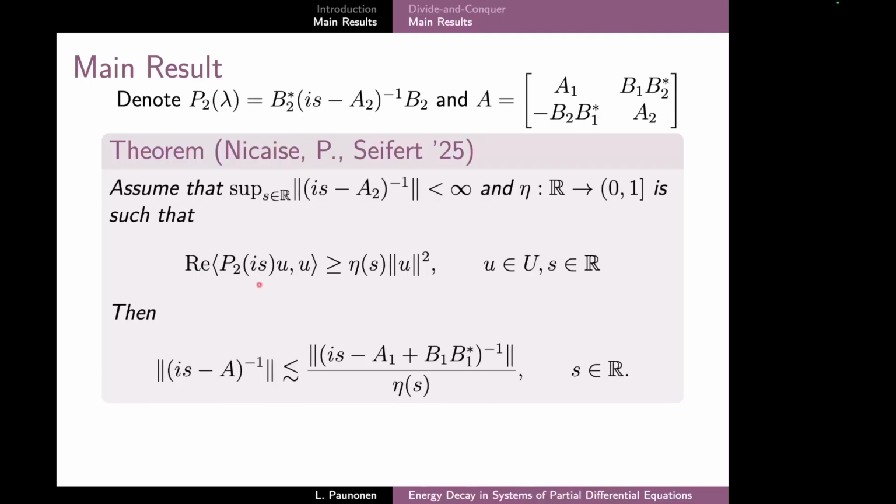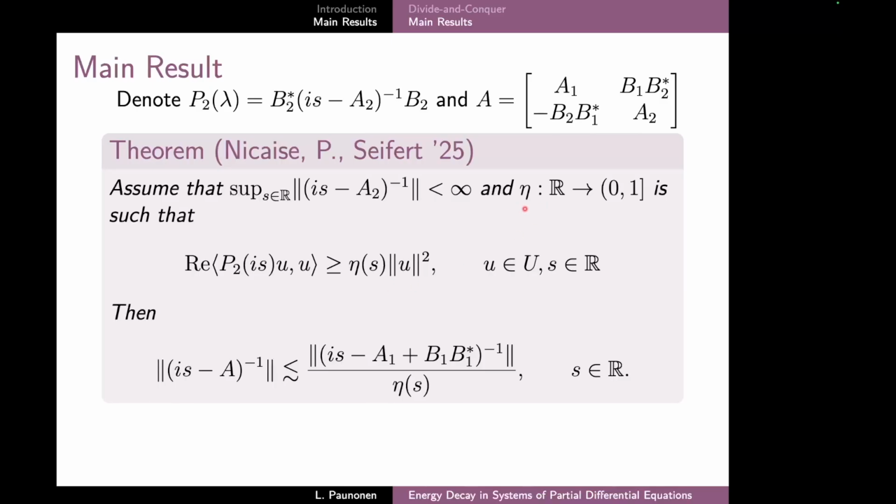If P2 is a scalar valued function, this just simply leads to the lower boundedness by positive numbers of the real parts, but this condition also works for vector valued functions. And I could also note that the impedance passivity of these systems already implies that these real parts of the inner products are always non-negative, and because of this, the additional assumption here is the positivity of these values.